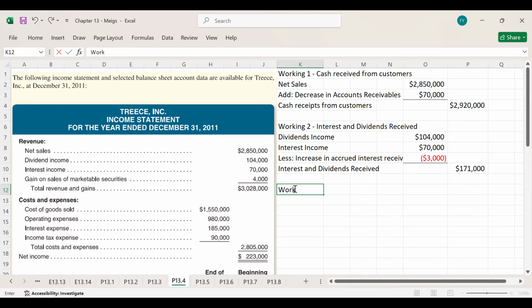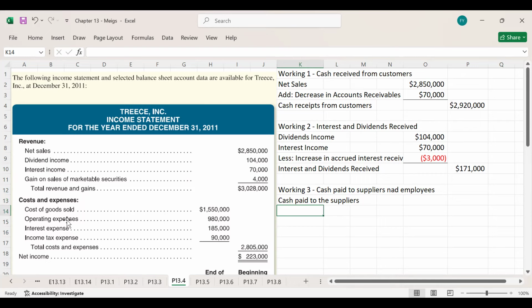So working 3 is cash paid to suppliers and employees. And we started from cash paid to the supplier. This is the first calculation.